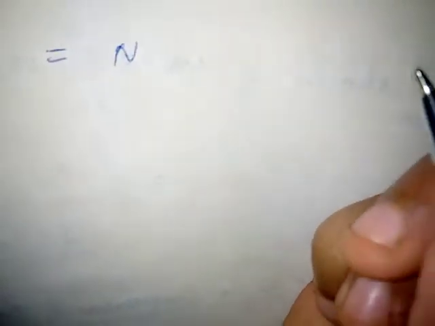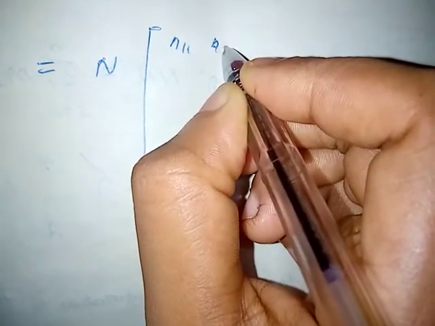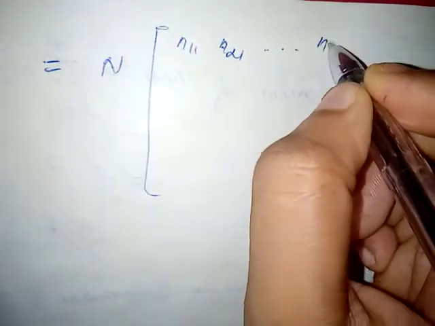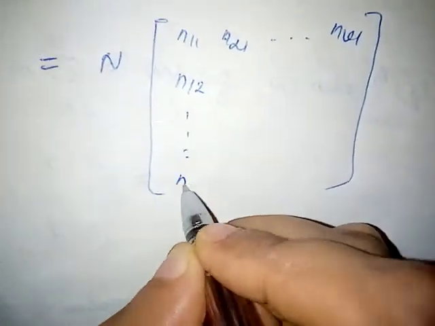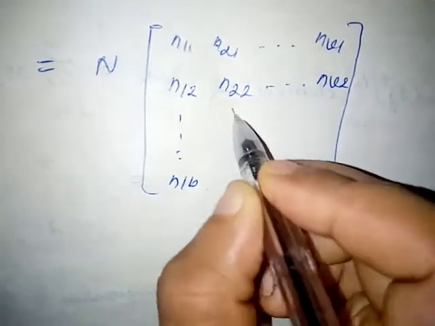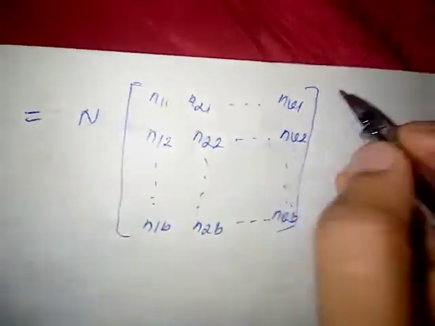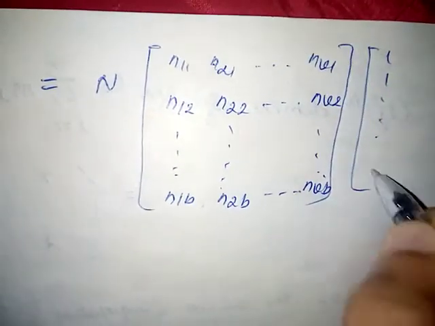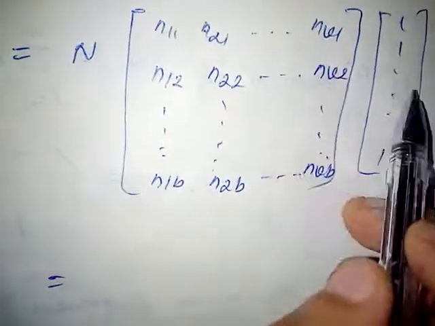This is the N transpose matrix, and then the E_v1. Then multiply these two terms.